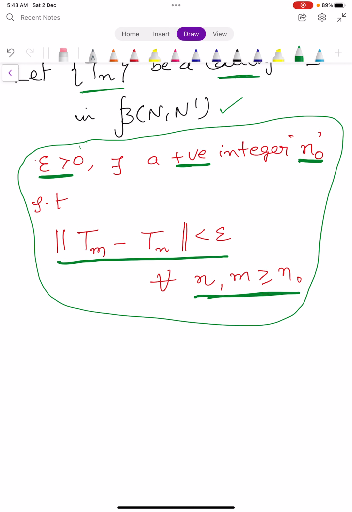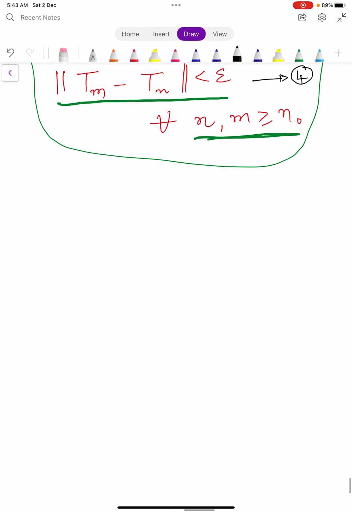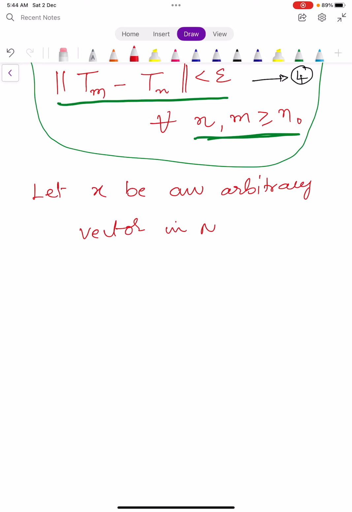Let it be equation number 4, since already we used 3 numbers. Now define an arbitrary element. Let us take small x be an arbitrary vector in capital N.